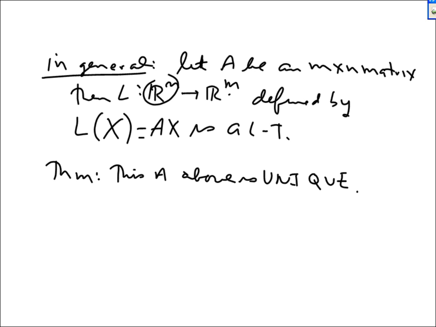There's only one matrix A for a linear transformation. Okay? No, what I said is true, but there's a much, much stronger statement. There's a much stronger statement.